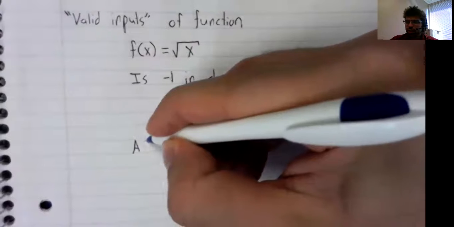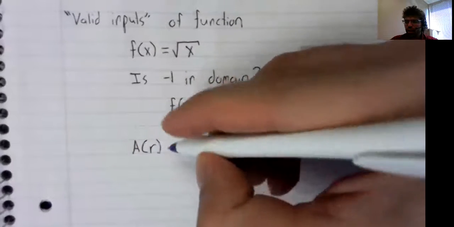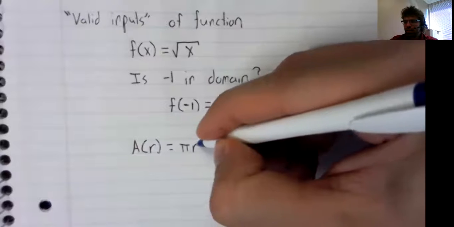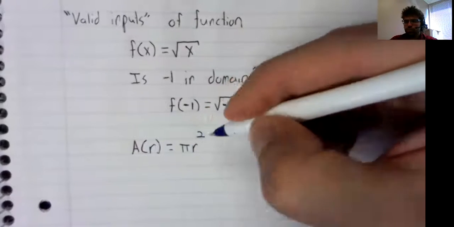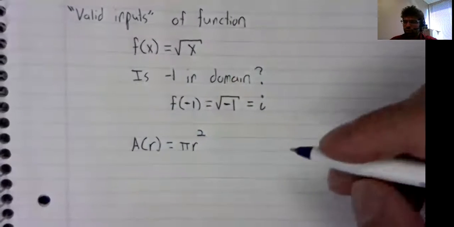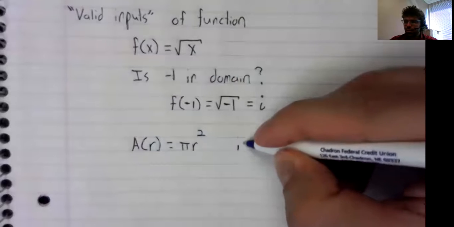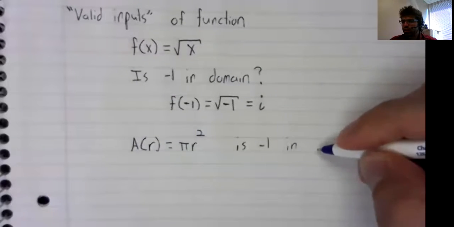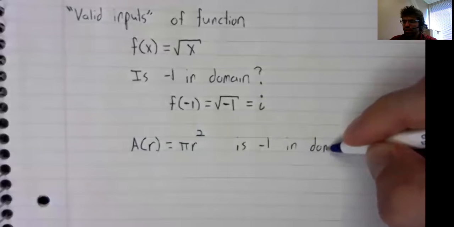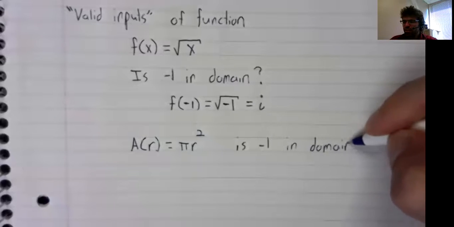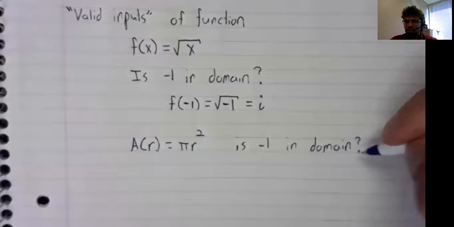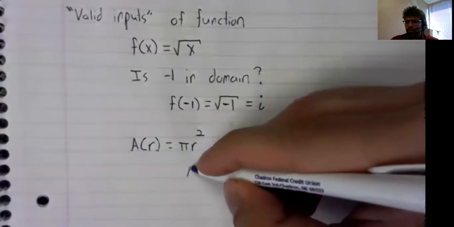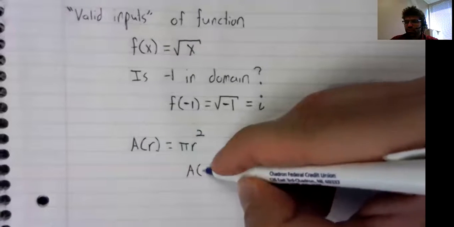Another example, A of r equals pi r squared. And we ask, once again, is -1 in the domain? And once again, it's kind of ambiguous.